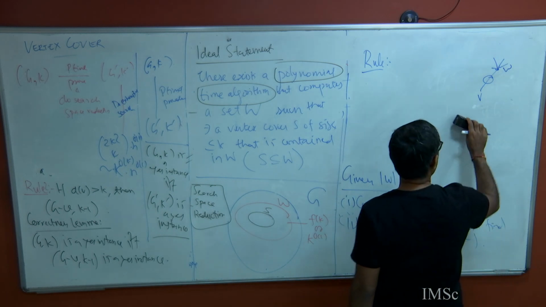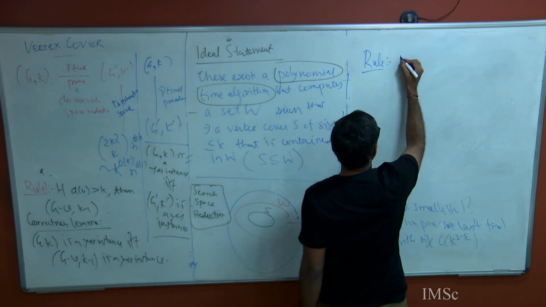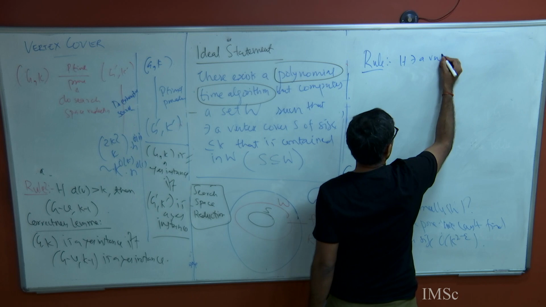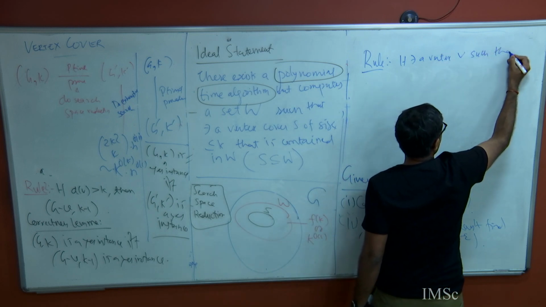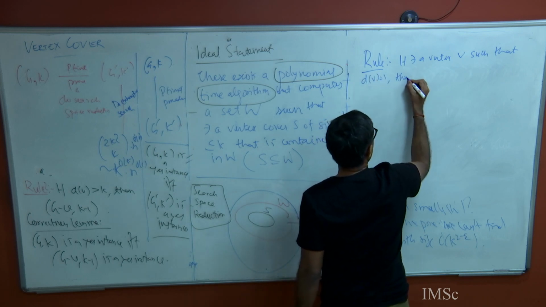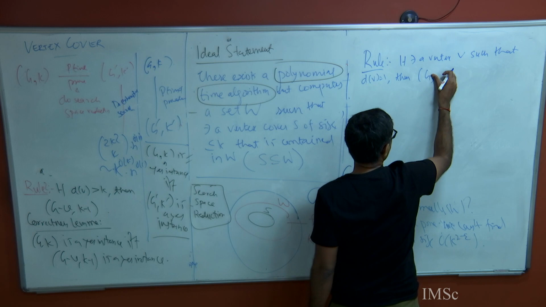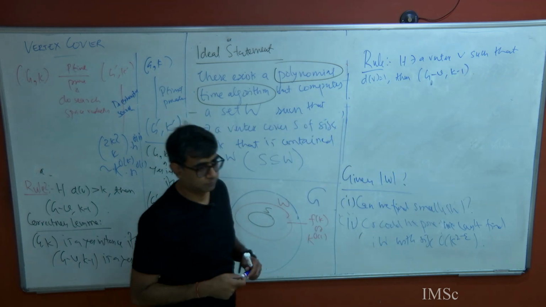So our rule will be: if there exists a vertex V such that the degree of V is 1, then (G minus V, k minus 1), and this is correct.